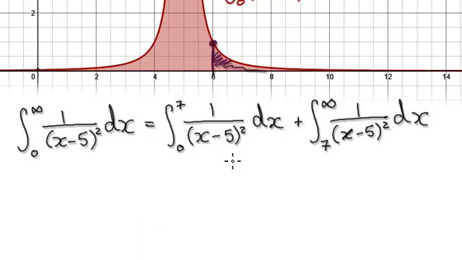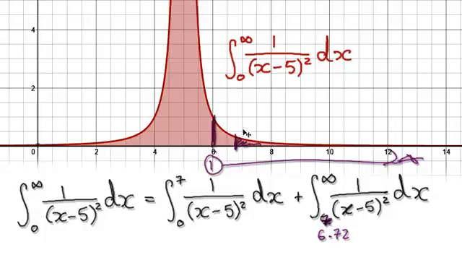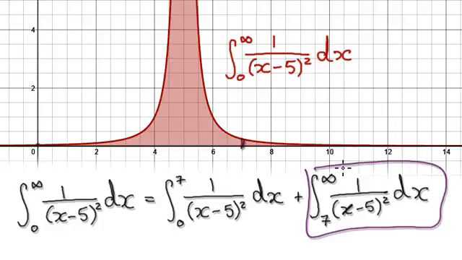If this bit here converges, then from 7 to infinity it will also converge. If you integrate it from, let's say, 6.72, wherever that is, maybe around here, this is also going to converge. If you know that from 1 to infinity converges, then this bit here is going to converge.